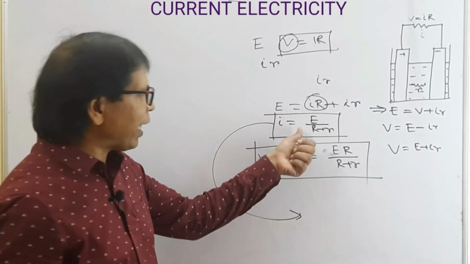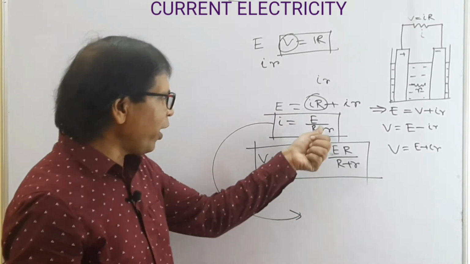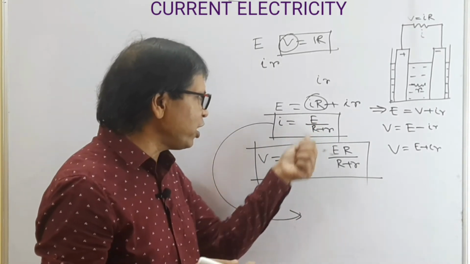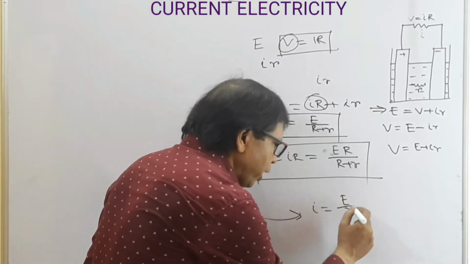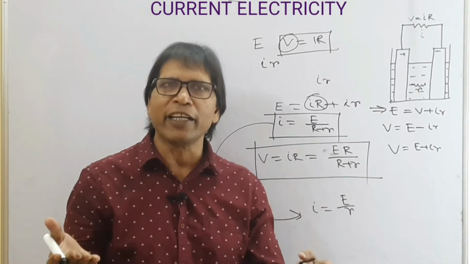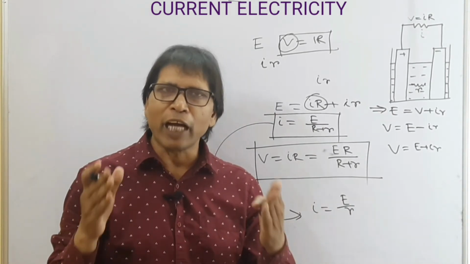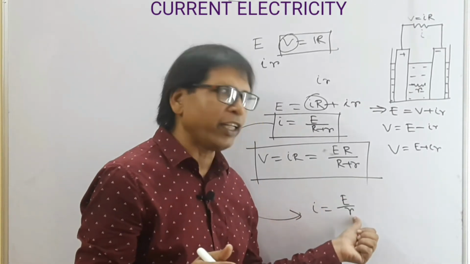Understood? Since the maximum current sent by a cell, look at this, is when external resistance is 0, so I equals E by r. This is also called short circuit current, the maximum current supplied by the battery, that is EMF divided by internal resistance.